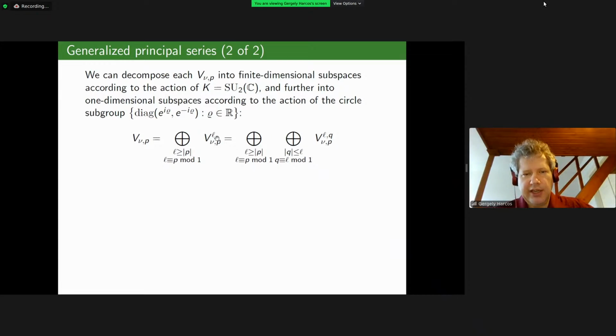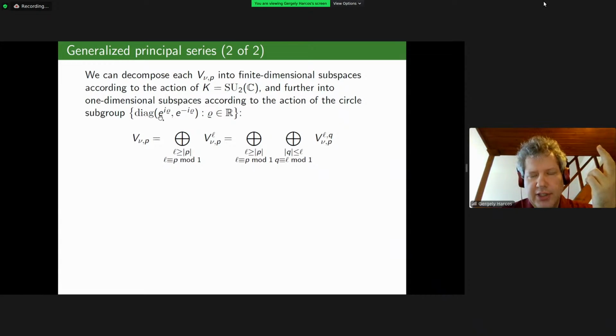And then for an L piece, which is a finite dimensional piece of this representation, it has dimension 2L plus 1, and you can find the natural basis according to the various characters of this subgroup. The characters that enter here are of the form e to the 2qi rho.